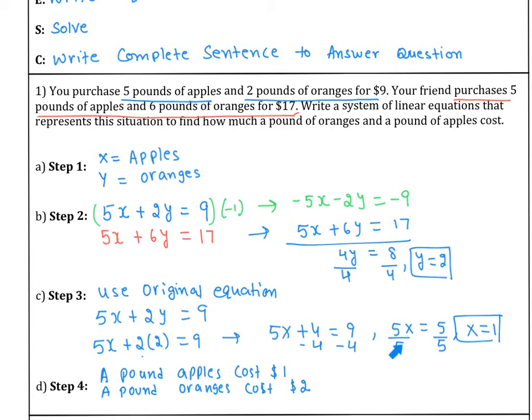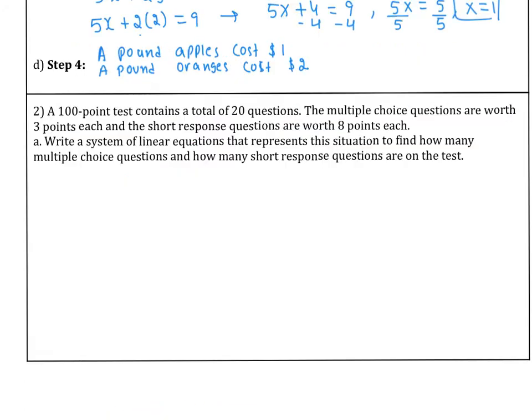Divide the 5 on both sides. You're going to get x equals 1. So we're going to now write our answer in a complete sentence to answer the question. A pound of apples costs $1. A pound of oranges costs $2.